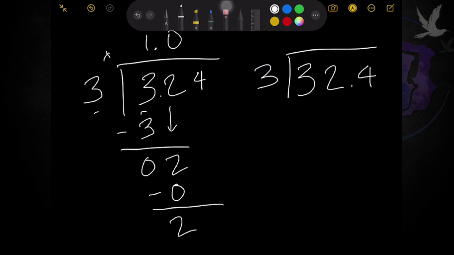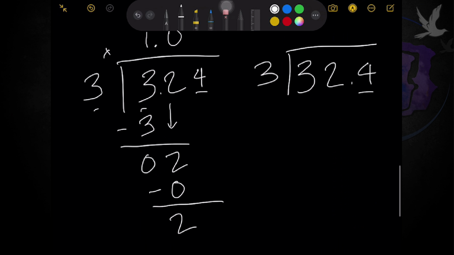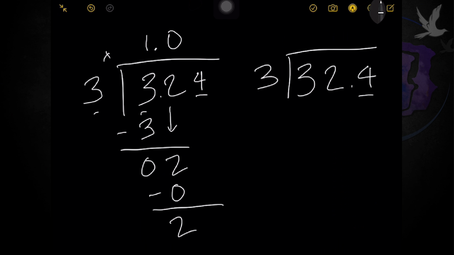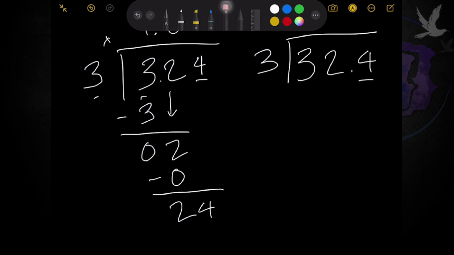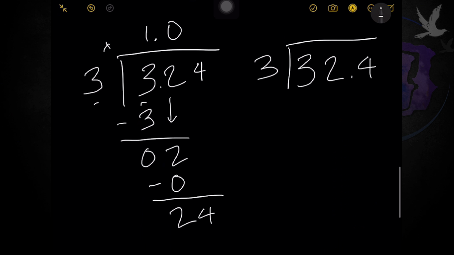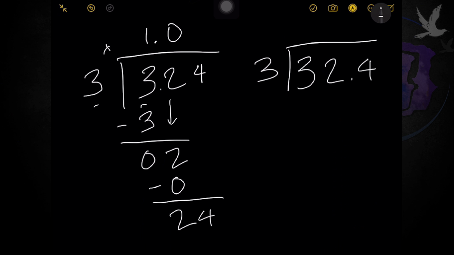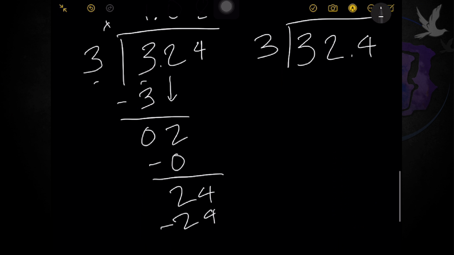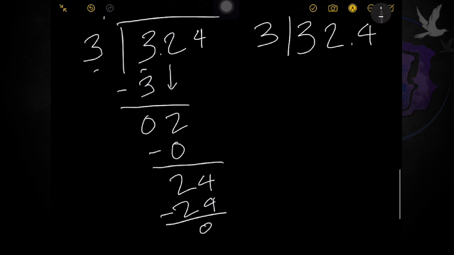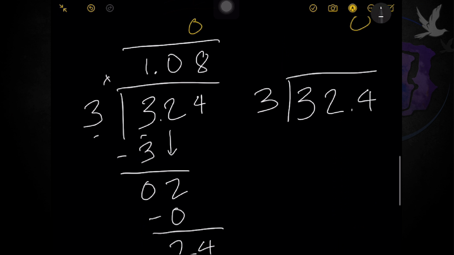Okay, so if you notice, I have changed the value sa last digit natin, which is 4. So we now have 4, bringing down 4. 24 divided by 3 will give us 8. 8 times 3 will give us 24. Then the answer is 0. Okay. So final answer natin is 1.08.